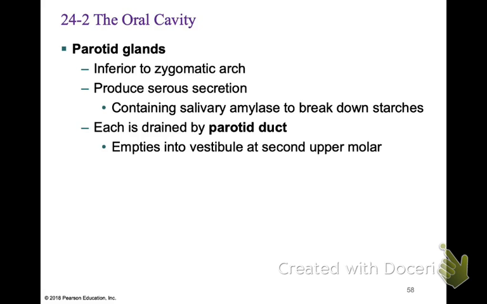You probably won't ever see a case of mumps because we vaccinate against it. But the parotid glands have these big parotid ducts that empty into the vestibule right at your second upper molar, and sometimes you can actually feel saliva coming out there. The main product of the parotid glands is the enzyme salivary amylase, which breaks down starches.